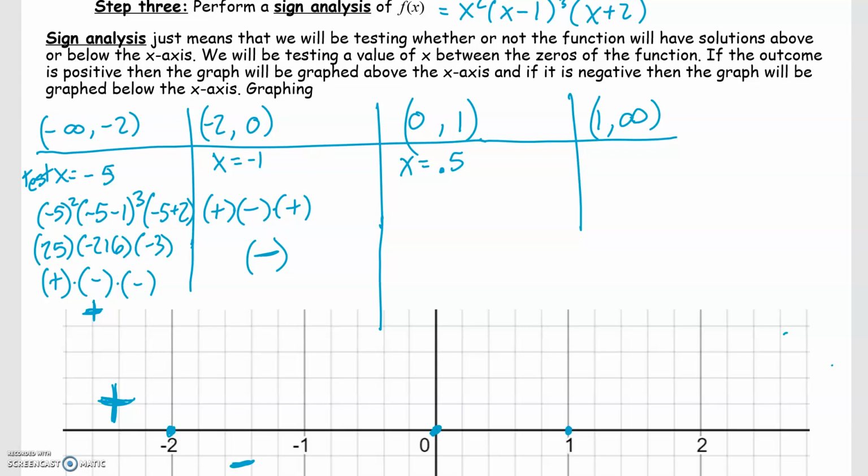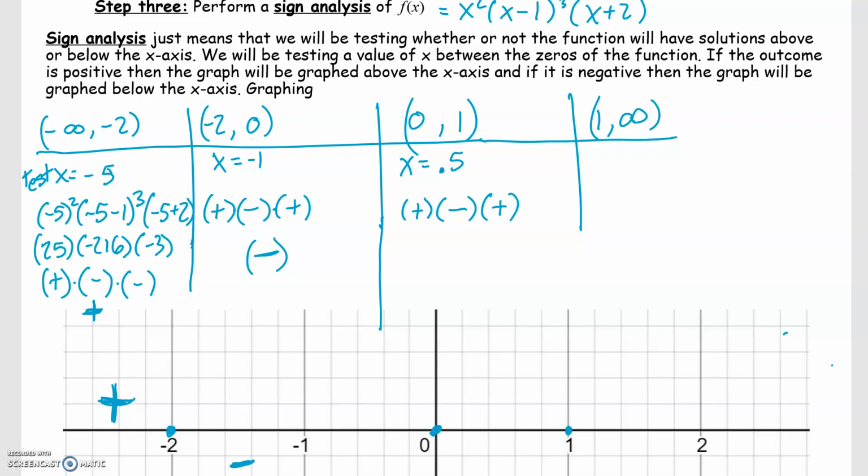So remember, a positive squared is always going to be positive. 0.5 minus 1 is going to end up being negative, and negative cubed, because a negative times a negative times a negative, is still going to be negative. And then we would end up with 0.5 plus 2, which is going to be a positive 2.5.